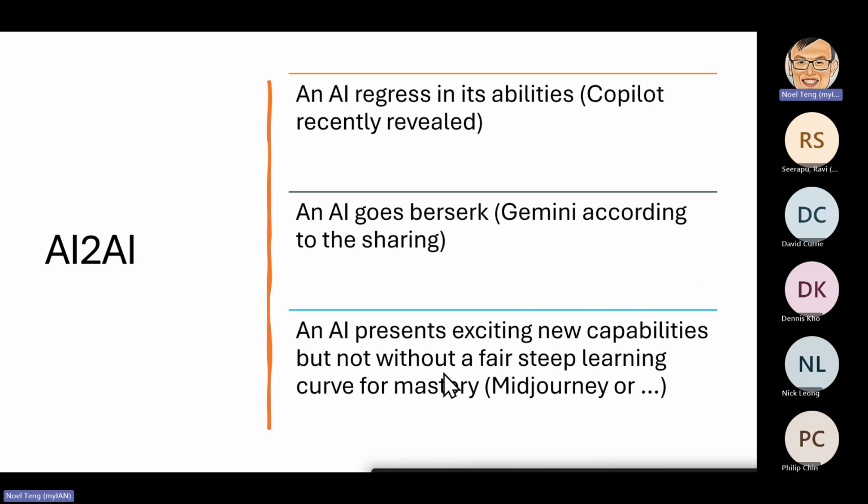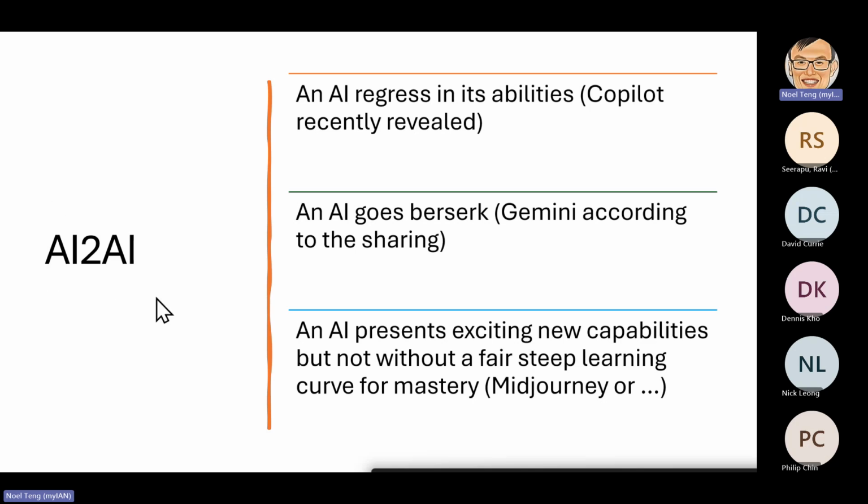And of course, the third aspect is an AI tool that shows really good, exciting capabilities, but the learning curve is fairly steep, meaning it takes quite a bit to learn to become good at it. So that's where I came up with this little term called AI to AI.